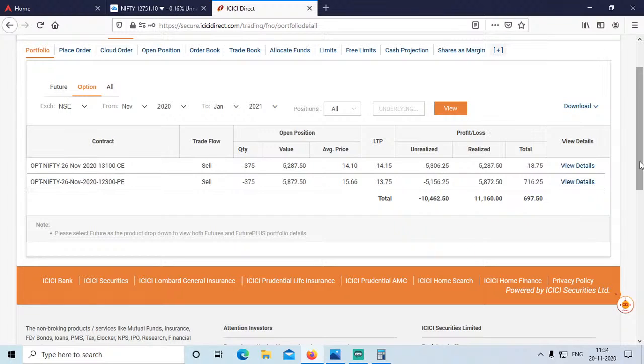If the market has had a very good positive trend on all the 4 days, Friday, Monday, Tuesday, Wednesday, it performed positively, it means people who bought the call option have to square it off on Thursday.